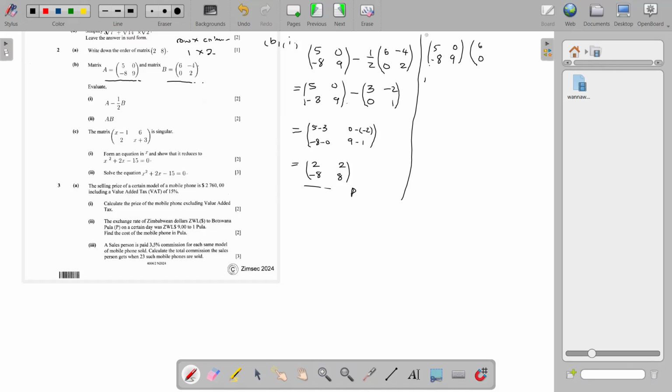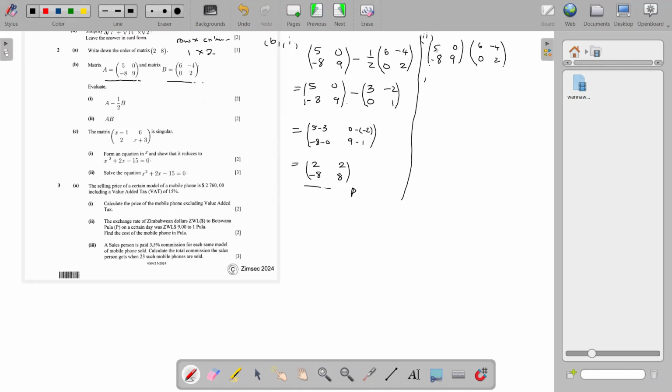That is B part 2. When multiplying, you have to know that a row multiplies a column.